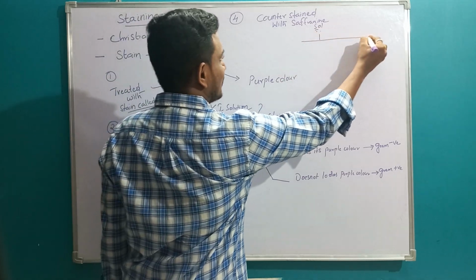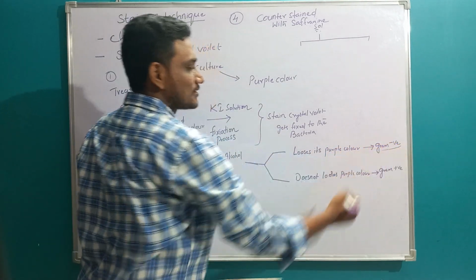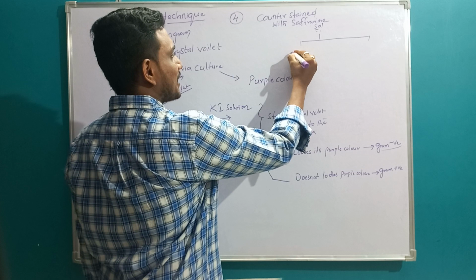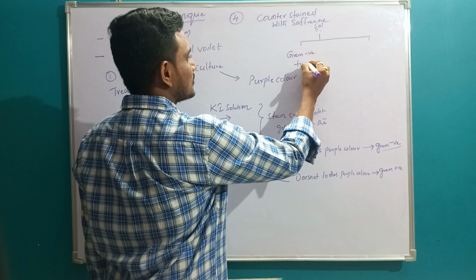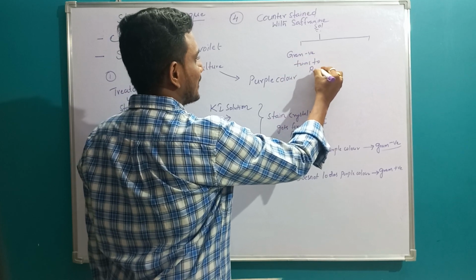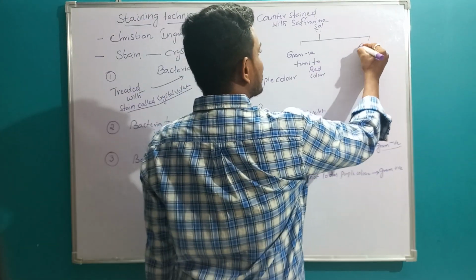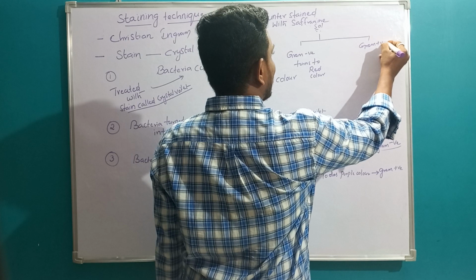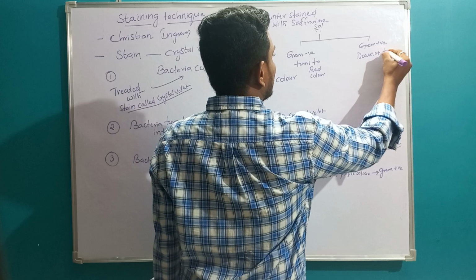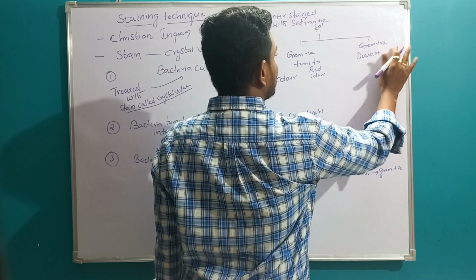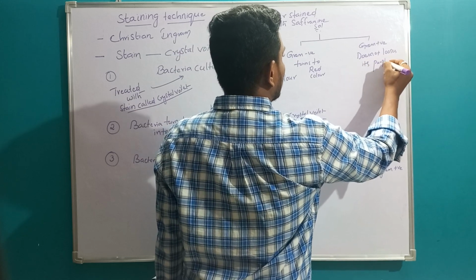So when counter stained with safranin, the gram negative bacteria turn red, whereas the gram positive bacteria do not lose their purple color.